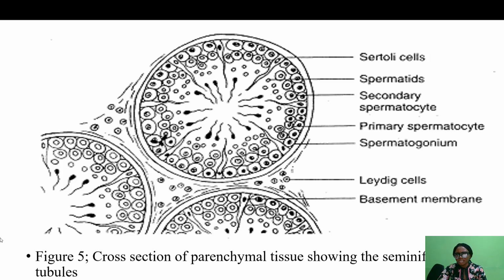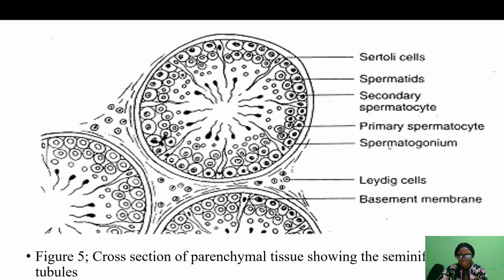One of them is the satellite cells, also known as mother cells. We have the spermatids, from which the sperm cell, that's the first form. We have the secondary spermatocytes, the primary spermatocytes, the spermatogonium, the Leydig cells, and the basement membrane.